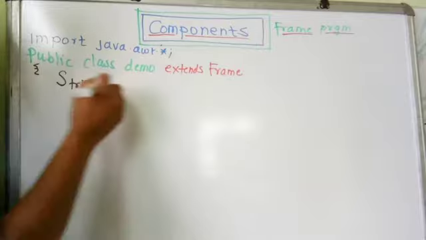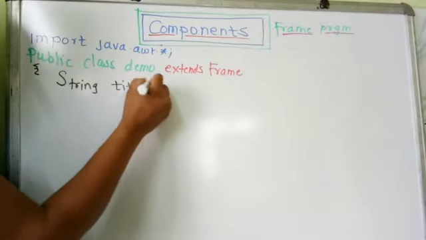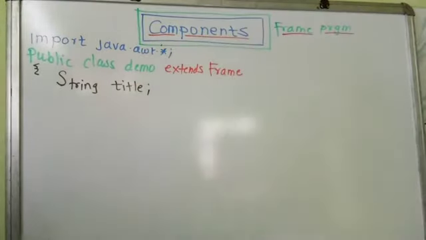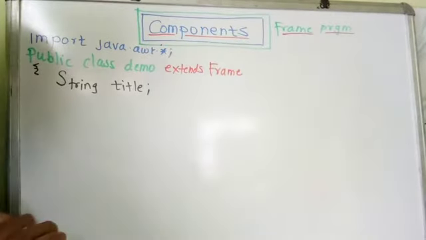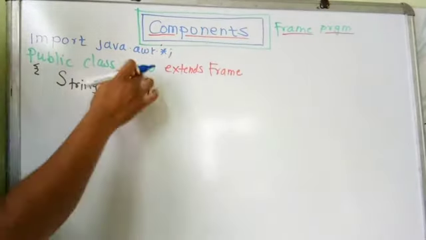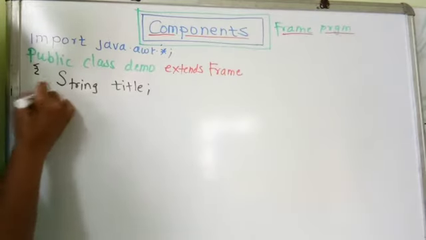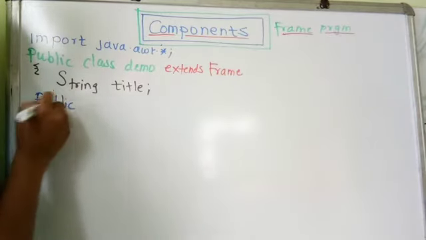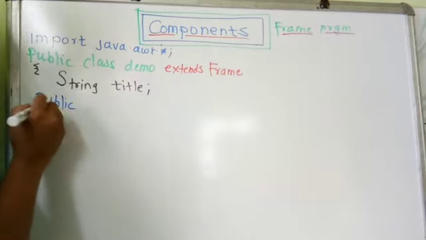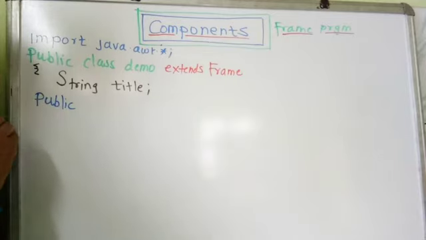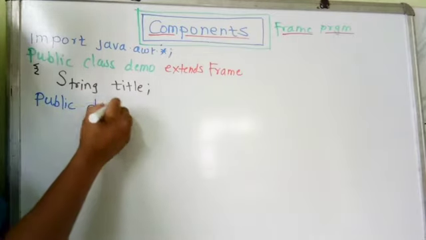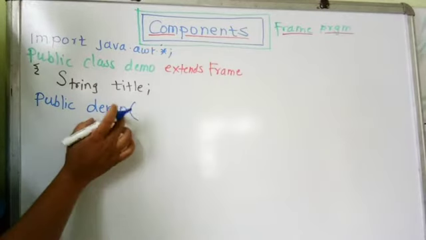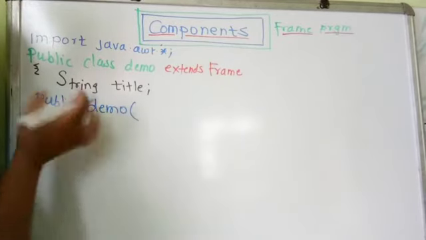So we will get a String title, then we will create one constructor of this Demo, that is public. You can use it or not use it, it may depend on the situation. Then we write the constructor, which has the same name as the class, without any return type.